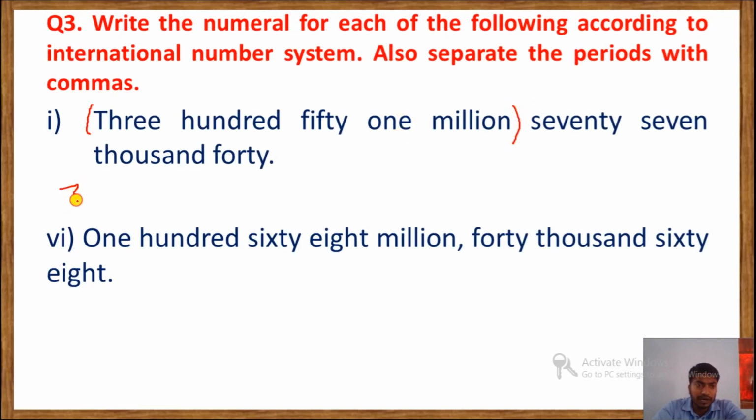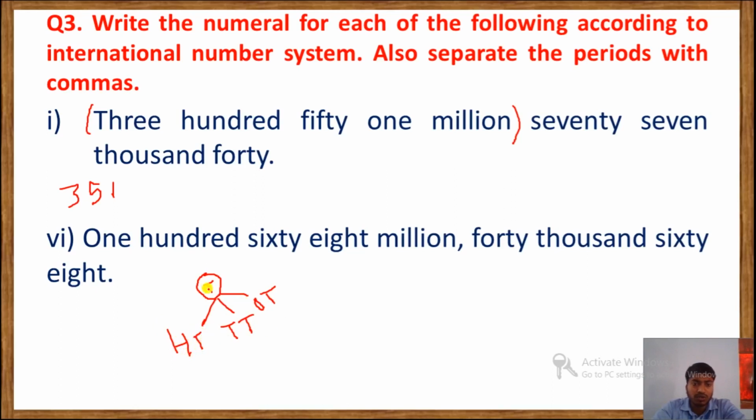So this we will write like this, 351. Okay. Then 77,000. Here we have 77,000, and you know very well 1000 consists of 3 places: 1,000, 10,000, then 100,000.